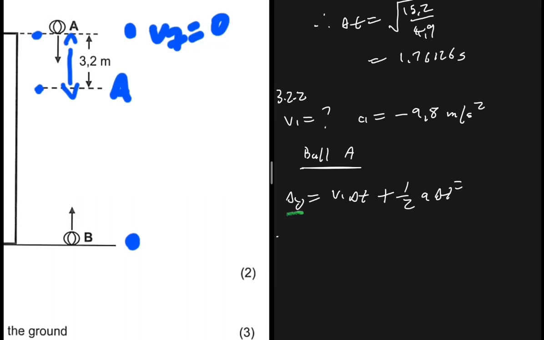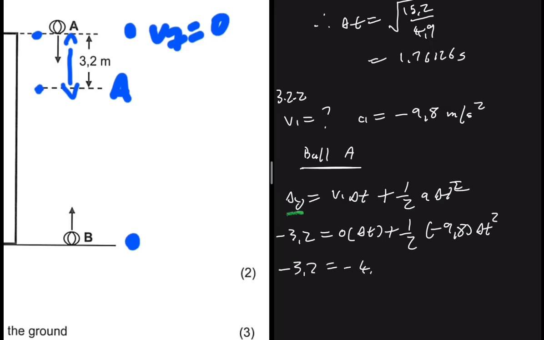Right. So if we substitute minus 3.2, then our Vi is 0 delta t plus a half minus 9.8 delta t squared. Right. So we're going to have minus 3.2 being equal to minus 4.9 delta t squared.